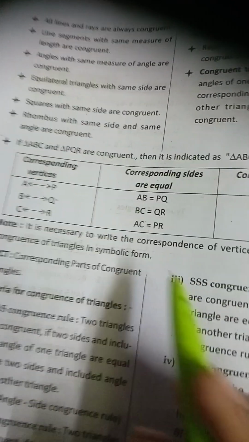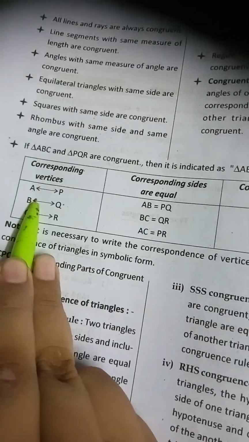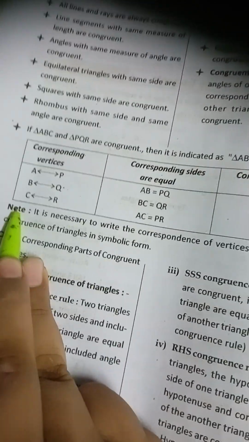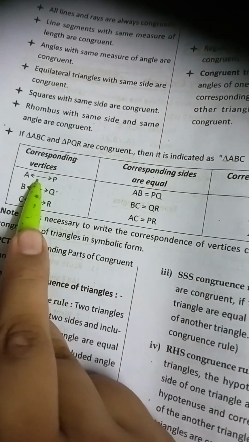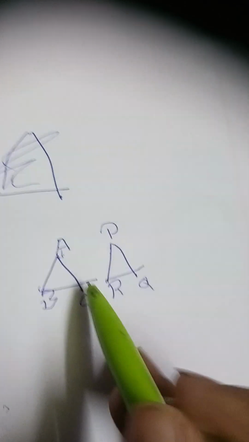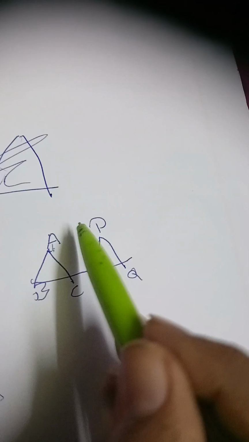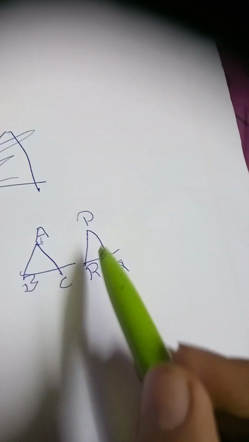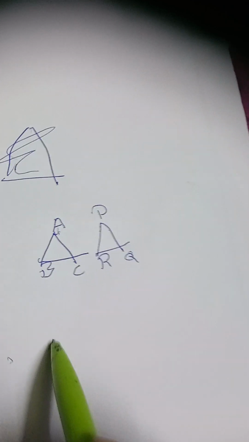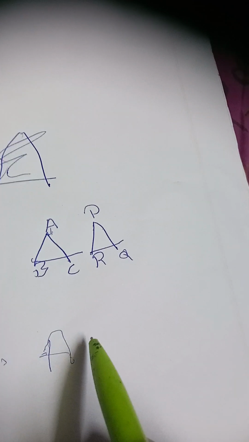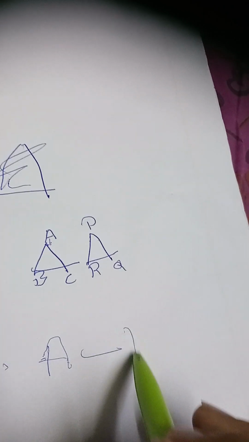According to this book, corresponding angle A is equal to P, because A, B, C are the vertices of triangle ABC, and P, Q, R are the vertices of triangle PQR. Now A and P are corresponding vertices.